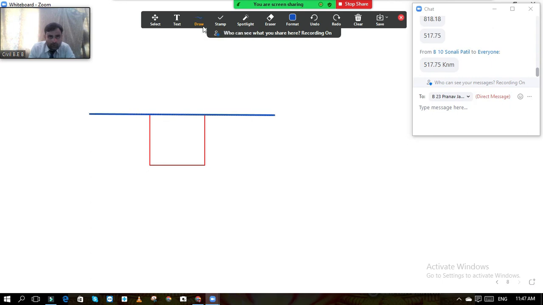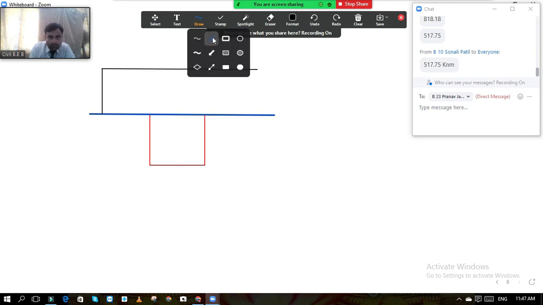Now again we will draw the edge of the footing. Your footing may start here. This is the upper side of the footing, so this is the footing edge.